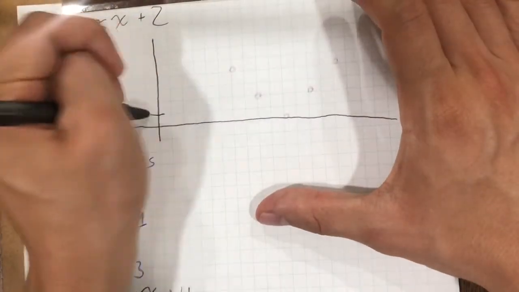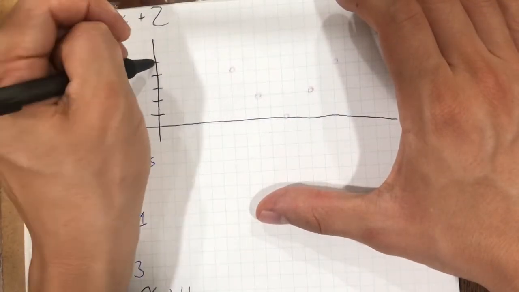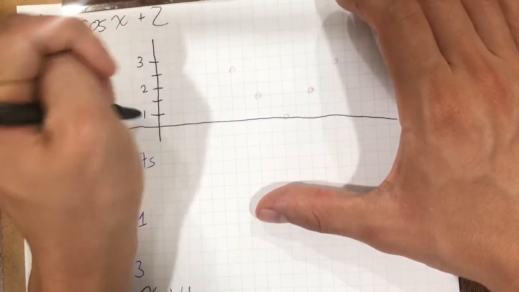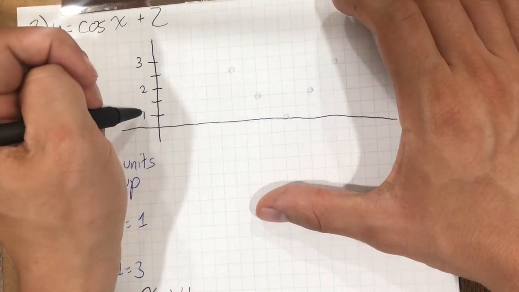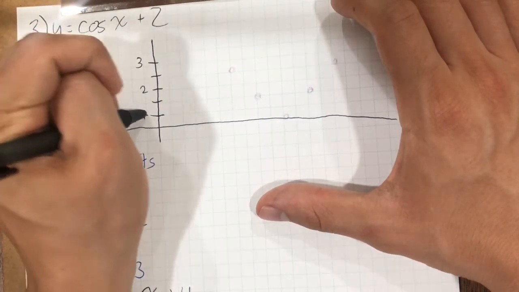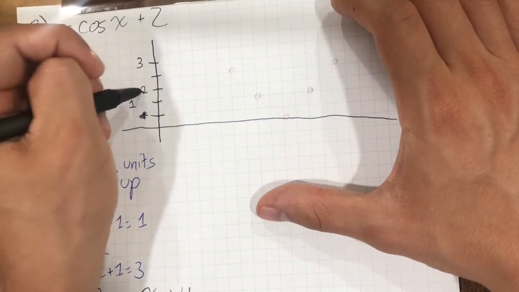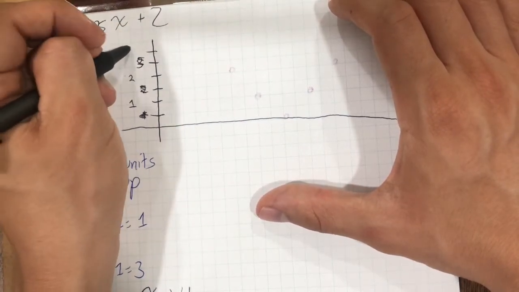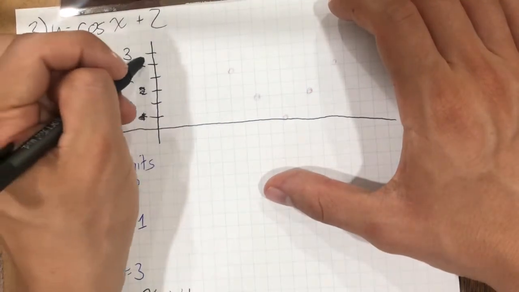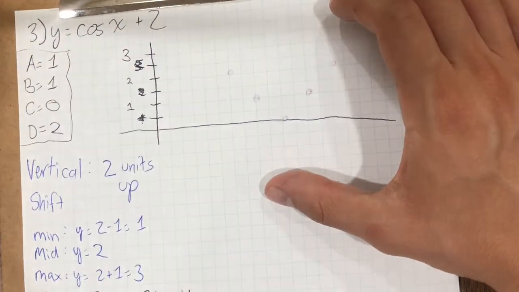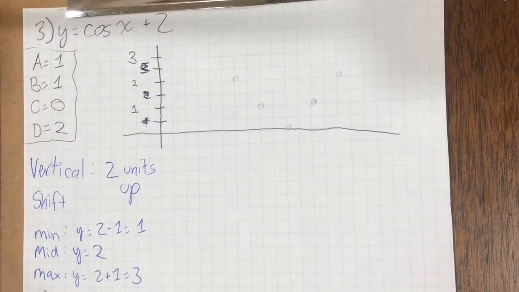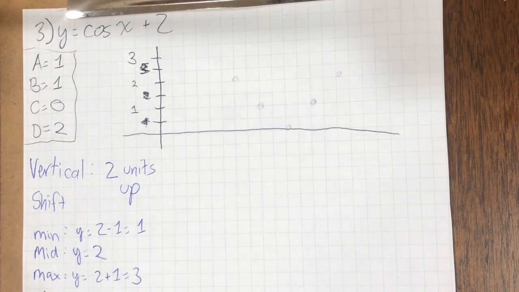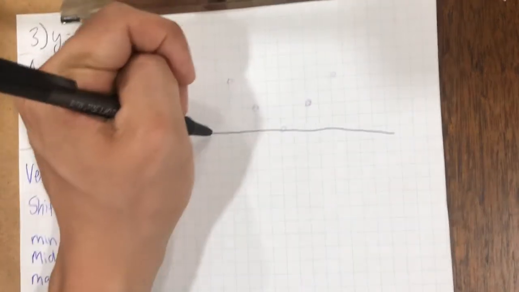All right, so I have 1, 2, 3. Actually, wait. My apologies, this should be 1. This should be 2. And then this should be one more up to 3. Disregard that, because it's going in terms of halves for the y values. All right, so now I got my x values.